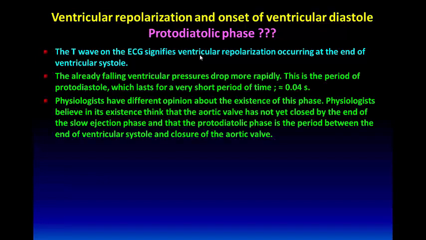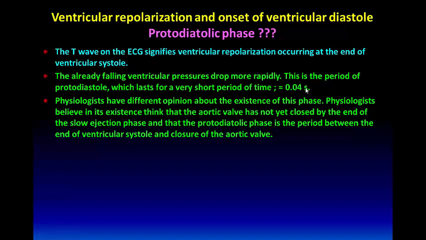When the ventricles finish repolarization, they begin to relax and undergo diastole. The already falling ventricular pressure drops more rapidly, and this is known as the period of protodiastole, which lasts for a very brief period of time, approximately 0.04 of a second.